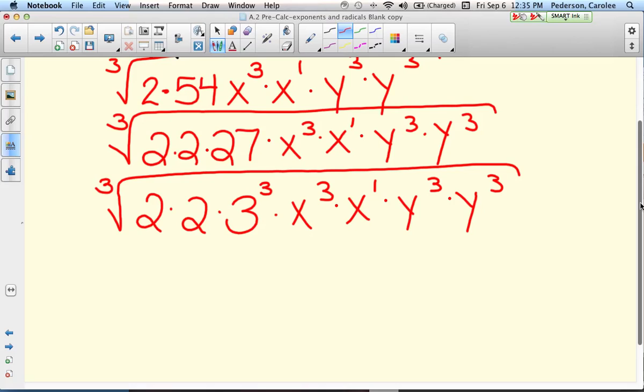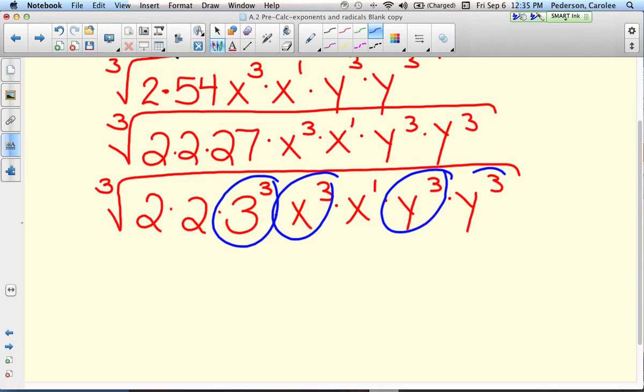My index is cubed. So this piece will pop out, this piece, this one, and that one. So what's out in front is a 3, an x, a y, and what I have left are the pieces that are not raised to the third power, a 2, and an x.